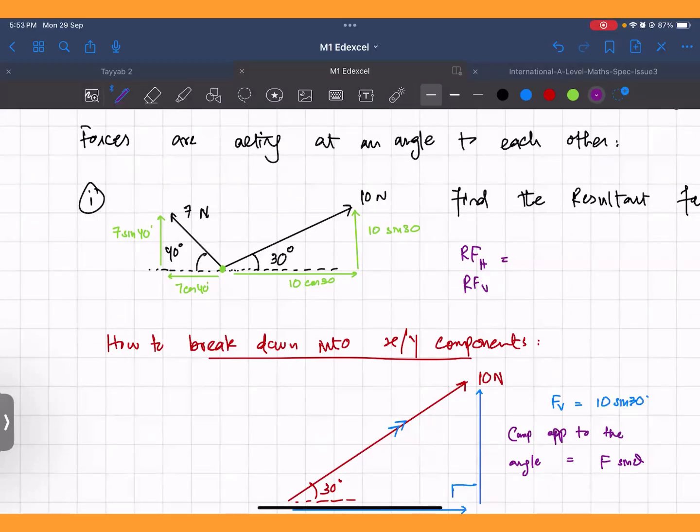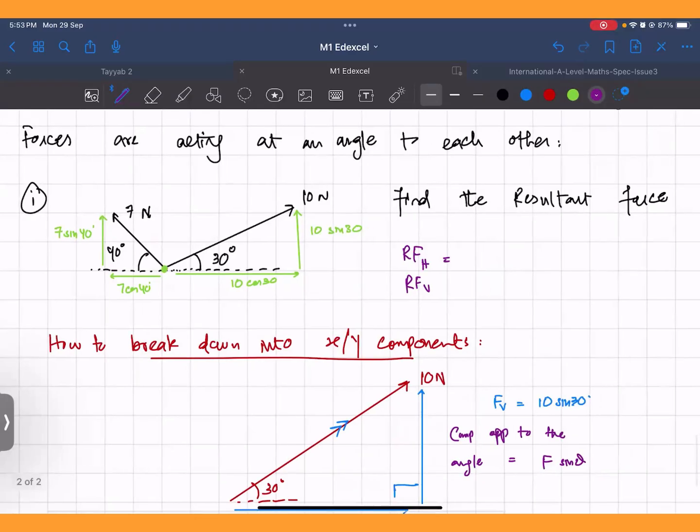You would now put the signs with each of the components that you have broken it down into. So you have 10 cos 30, which is moving to the right side, so this is positive. Then you have 7 cos 40, which is going to the left side, so this will be negative 7 cos 40.